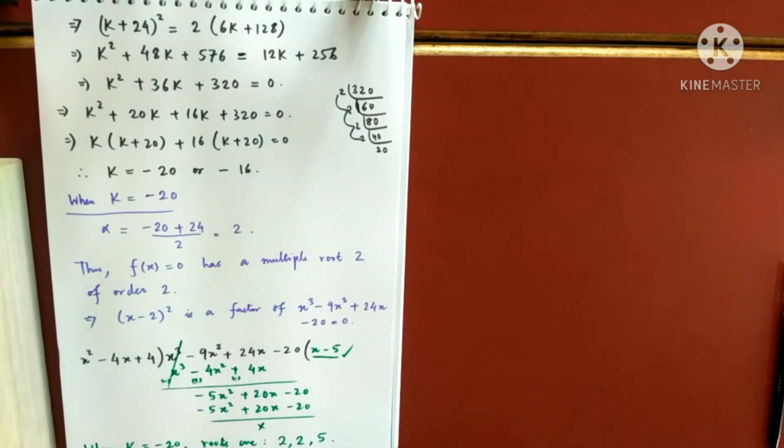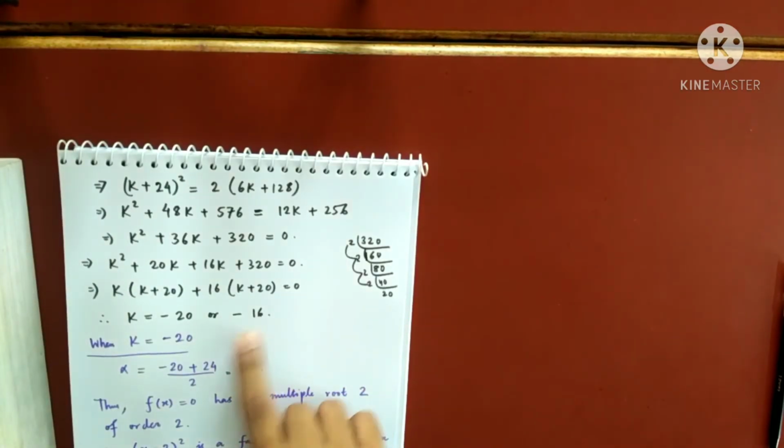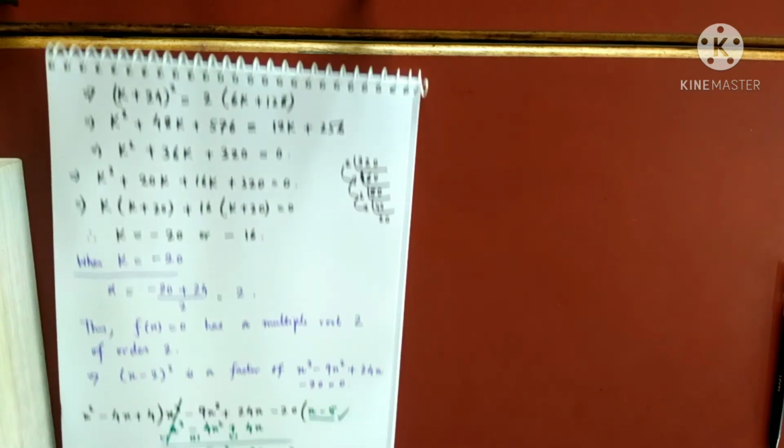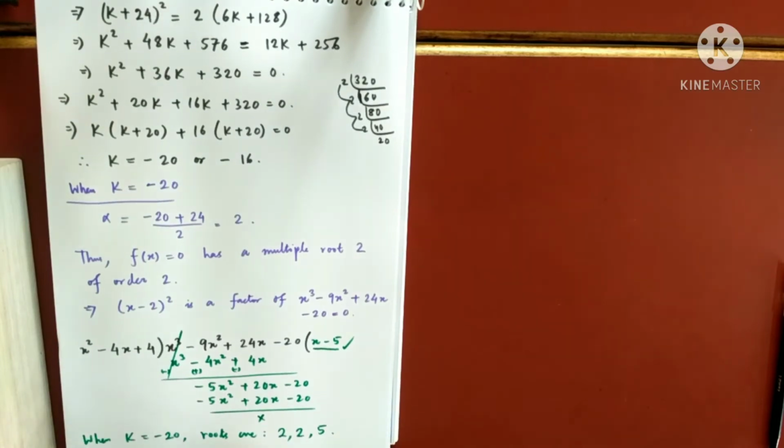So I have solved the equation. The equation has the roots 2, 2 and 5 when k is minus 20. You will do the same thing for k equals minus 16, again starting from here. I will not do that, that is your task. So this was the question: firstly, find the value of k, and with this value of k, determine all the roots of the equation. If you have any doubts, please ask.